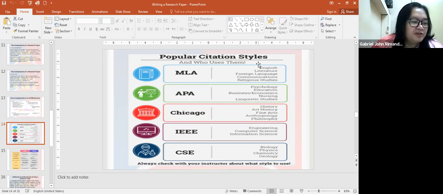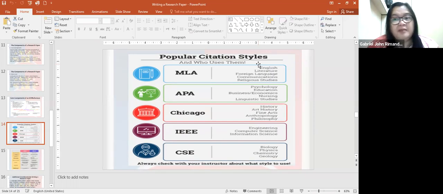This is used by English, literature, foreign language, communications, and religious studies, those conducting research on these particular aspects. And in general, we say this is the student's research paper. Kung nasa undergrad kayo, you will be using MLA. Okay? And then APA is for Americans, it means American Psychological Association. As I've said, this is the one that we are using generally.